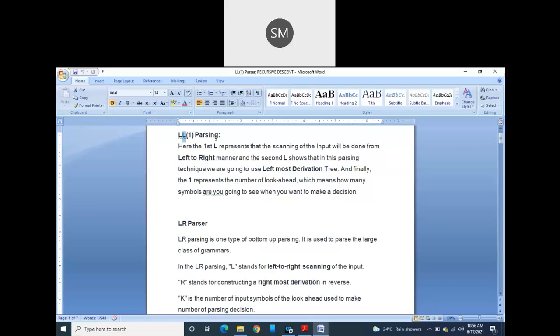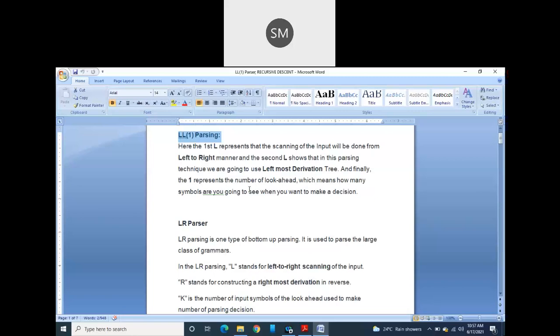If you want to use this parsing method or this LL1 grammar, keep it in your mind always, this LL1 parsing is very helpful for top down parsing, not for bottom up parsing, remember.